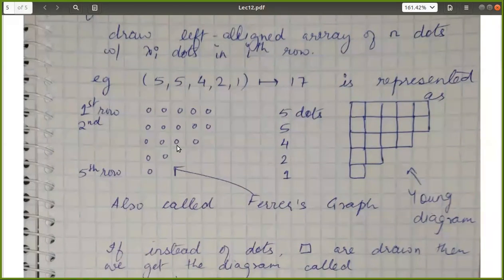It is a legitimate partition of n, not just some numbers which are adding up to n, but because of the left alignment, you also know that lambda 1 prime is greater than or equal to lambda 2 prime, greater than or equal to lambda 3 prime, and so on. And thus, this lambda prime, which you achieved from lambda by reflecting along the main diagonal, is also a partition of n.